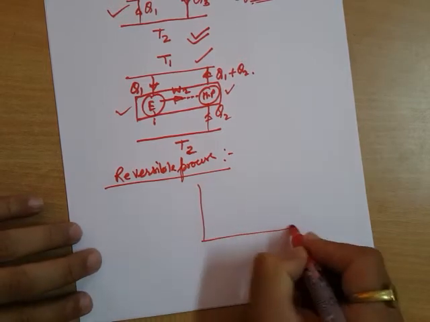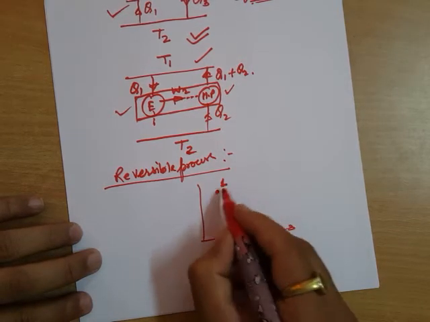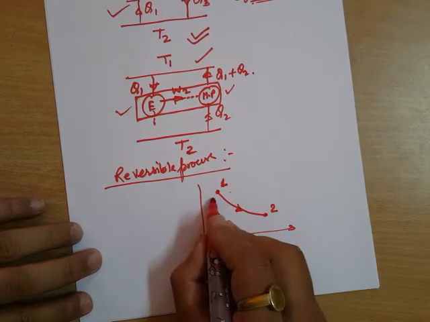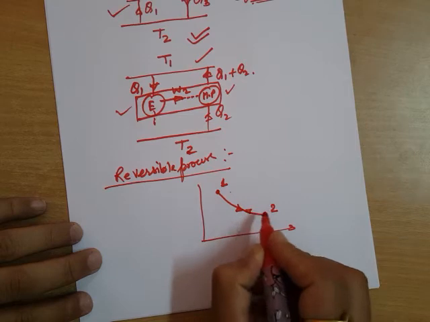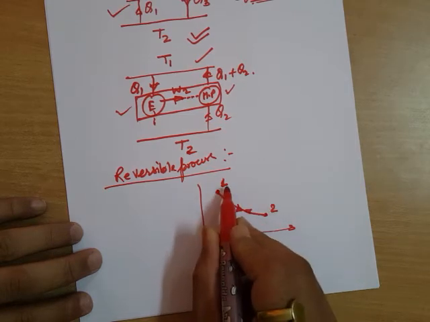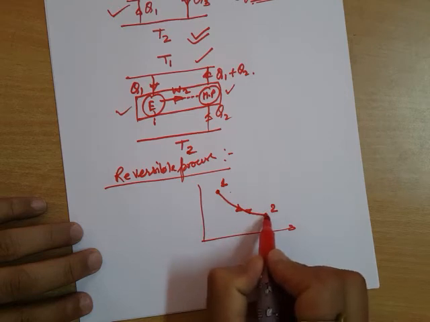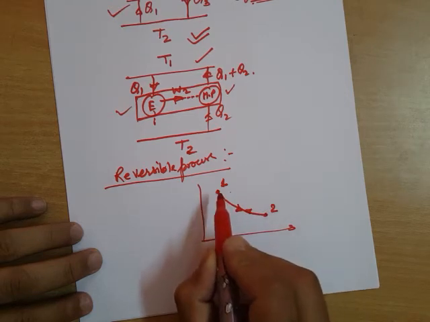Let us say this is a process performed by the system from 1 to 2. If I am bringing it back from 2 to 1, the changes which the system made onto its surroundings when coming from 1 to 2 will all be reverted back.